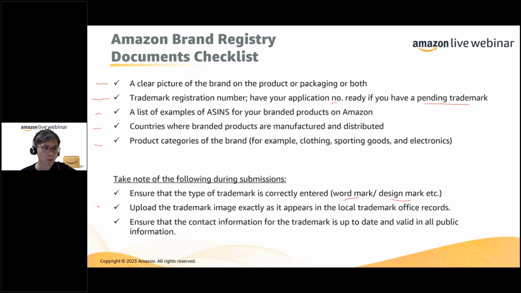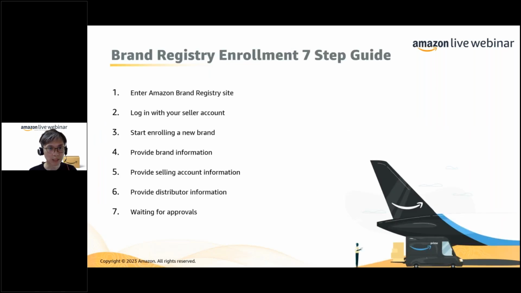What this means is that whatever you upload into Amazon Brand Registry should be something that you submitted to your local trademark office. And then make sure that your contact information is up to date. These are the 7 steps for brand registry enrollment. We'll go through the step-by-step guide here.